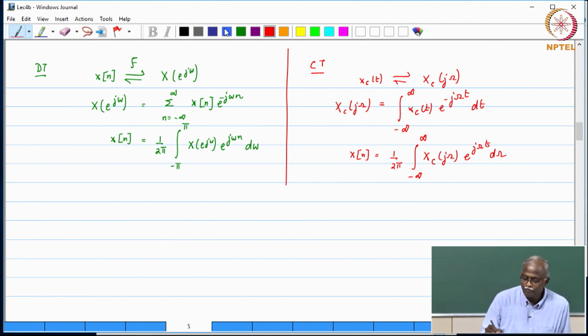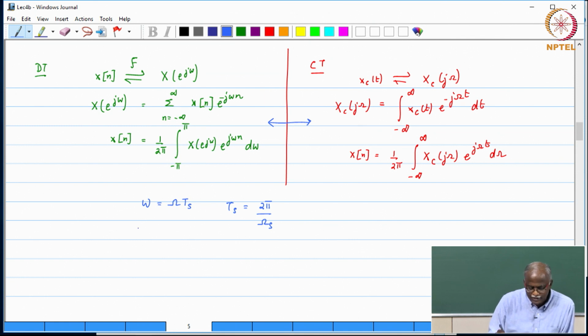Then what is left is the link between the continuous time and the discrete time. Remember the link that goes back and forth, in one way it is sampling, the other way is the reconstruction process. So the discrete time frequency omega is related to the continuous time frequency through the sampling period Ts. Ts is 2 pi divided by omega s.